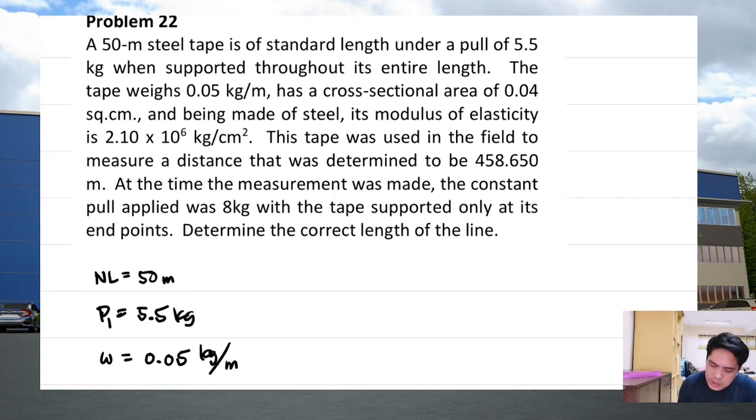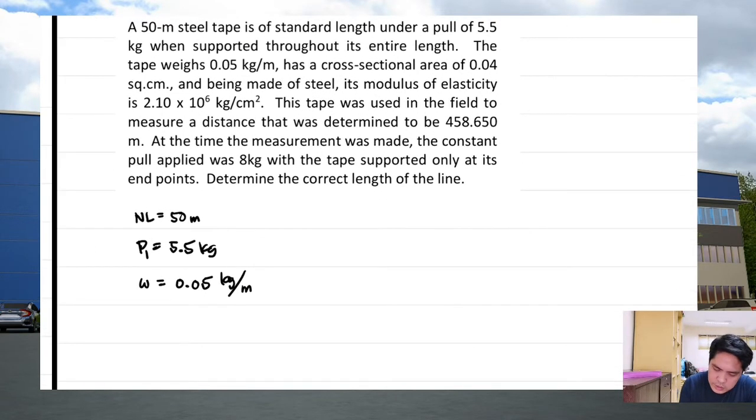The next has a cross-sectional area. So, its cross-sectional area is 0.04 square centimeters. And being made of steel, that means it has K, the coefficient of thermal expansion of 0.0000116. Right?